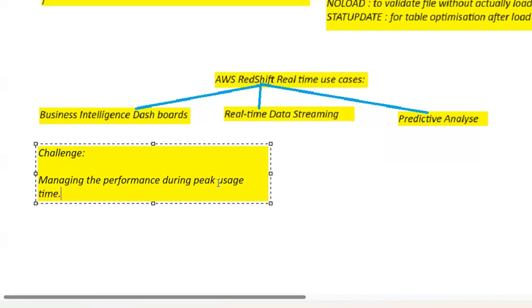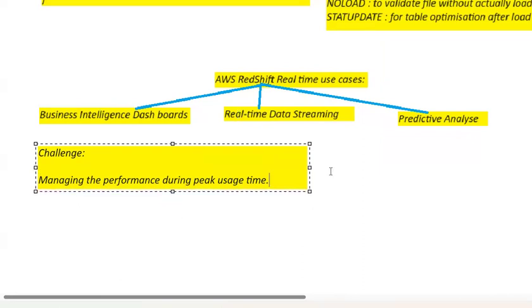So what does it mean? Whenever multiple clients are using my database, can it provide me the response? The question here is I have provided a cluster for my Redshift. Let's say that cluster can process up to 100 requests.